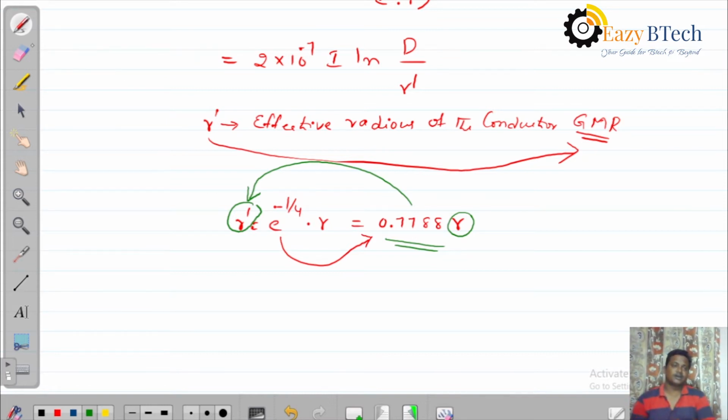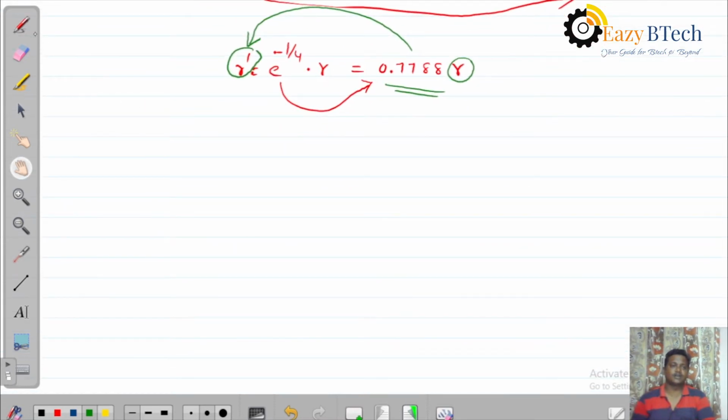Now the final formula for the flux linkage of a conductor due to its own current is 2 into 10 power minus 7 I ln d by r dash.